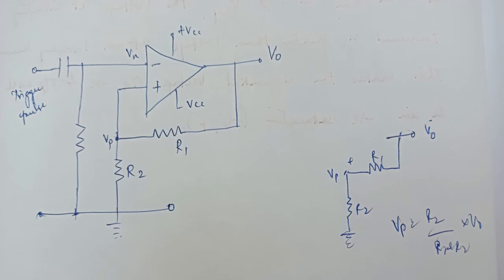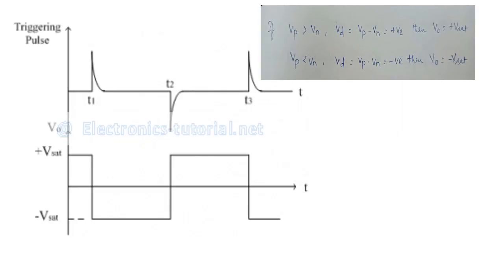So here we have two prominent conditions. First, if the positive voltage is greater than the negative voltage, my differential voltage will be positive, then my output voltage will be the positive saturation voltage. And if my positive voltage is less than Vn, that is the negative voltage, then my differential voltage will be negative, and my output voltage will be equal to minus saturation voltage.